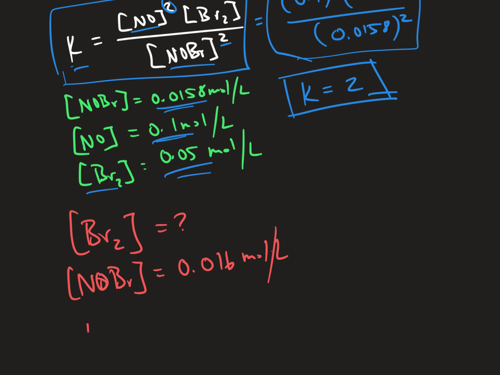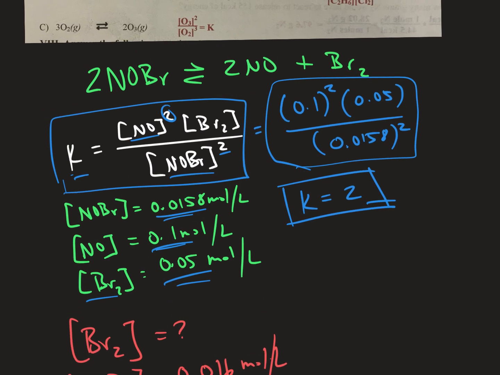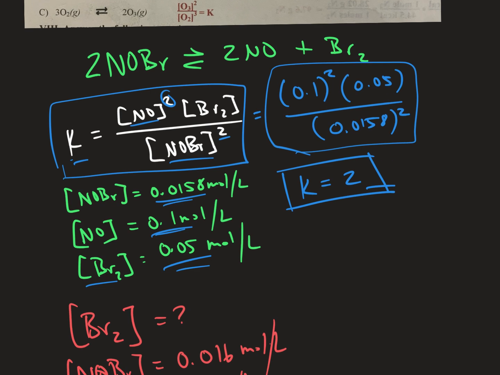And the concentration of NO is equal to 0.1 moles per liter. So we're going to use this equation right here one more time.